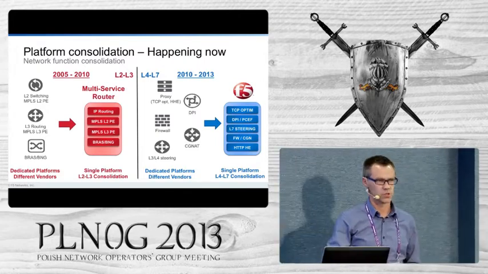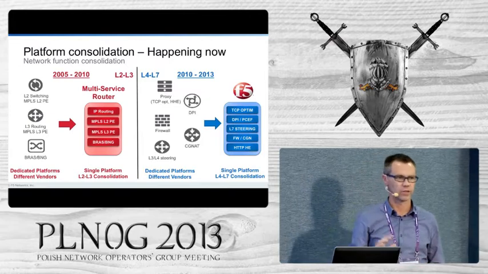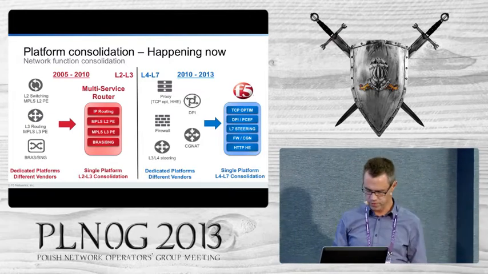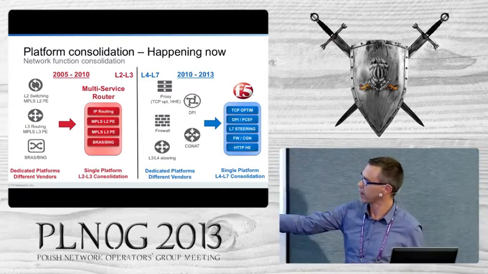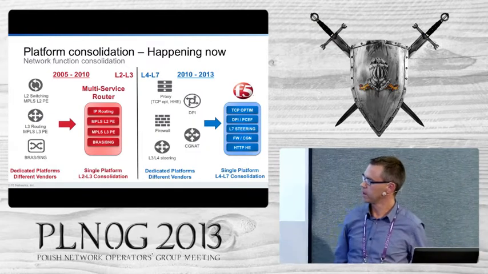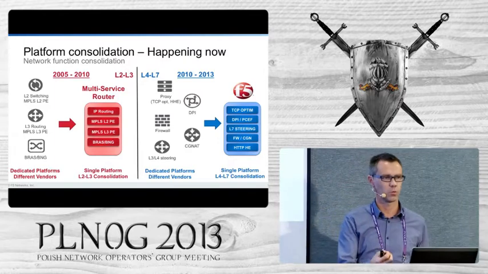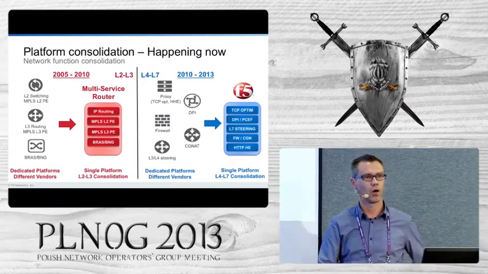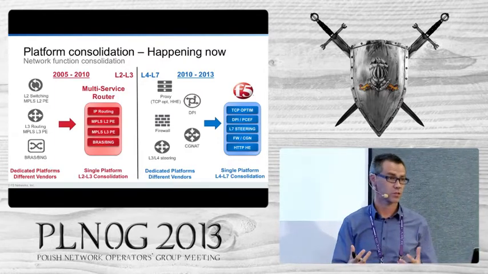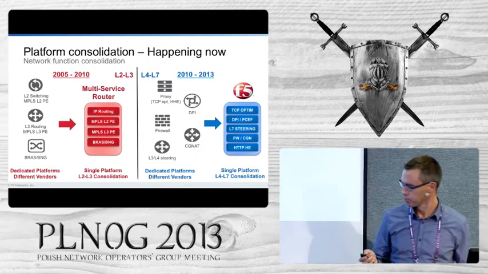But take Juniper, Cisco, Alu, Huawei, they all have a multi-service router, where you no longer look at these things in terms of platforms, but you look at these things in terms of functionalities that you want to run on a routing base platform, so to speak.